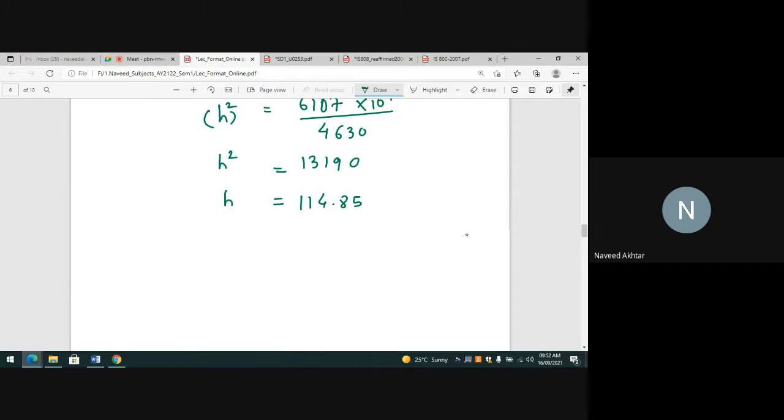114.85 mm, and H is equal to S by 2 plus CYY, equal to 114.85. Now you can find out the CYY from the steel table.